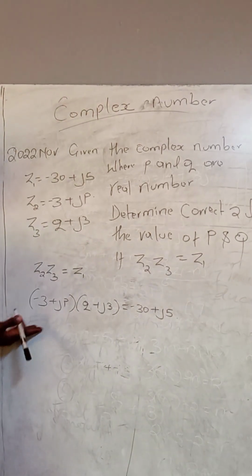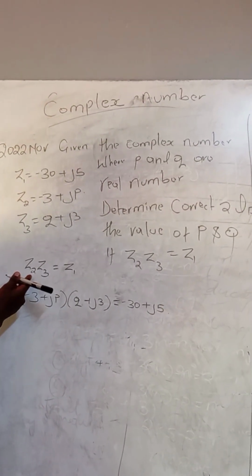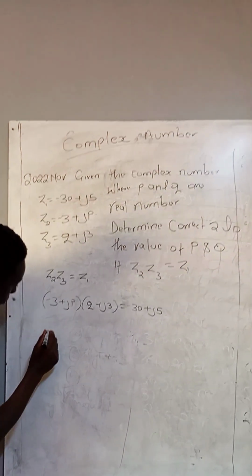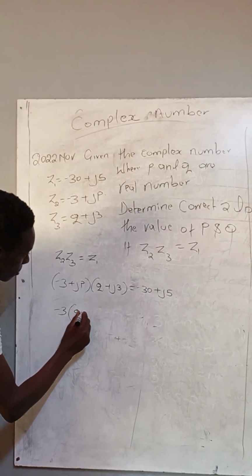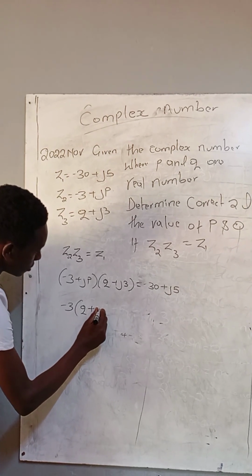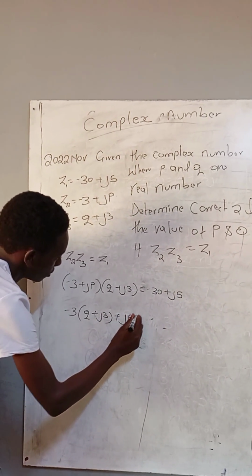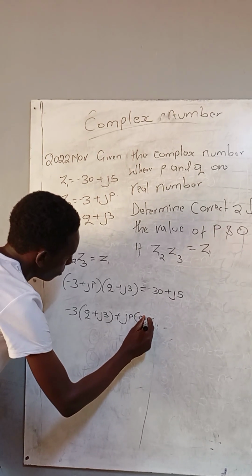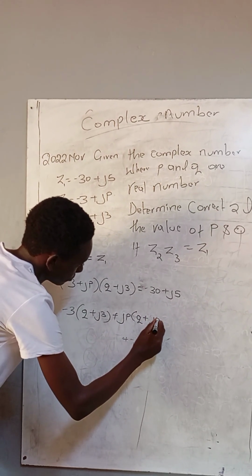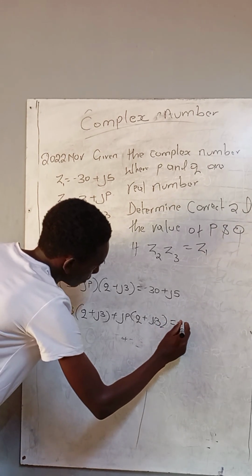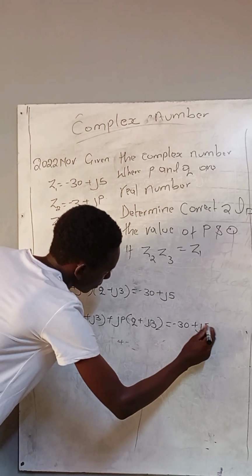So I will expand: negative 3 into q plus j3, then plus jp into q plus j3, is equal to negative 30 plus j5.